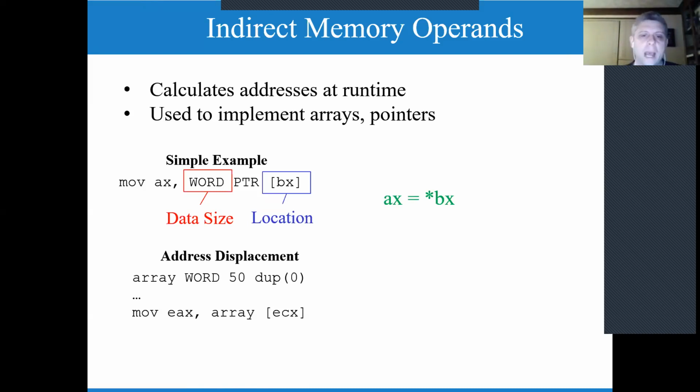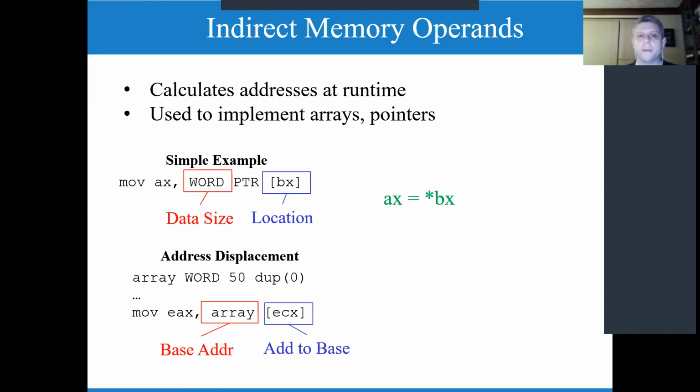Then later on, we have this instruction that says move into EAX the value located at array plus the value in ECX. So in other words, you're taking the memory location of array, adding whatever is stored in ECX, and grabbing the value there.